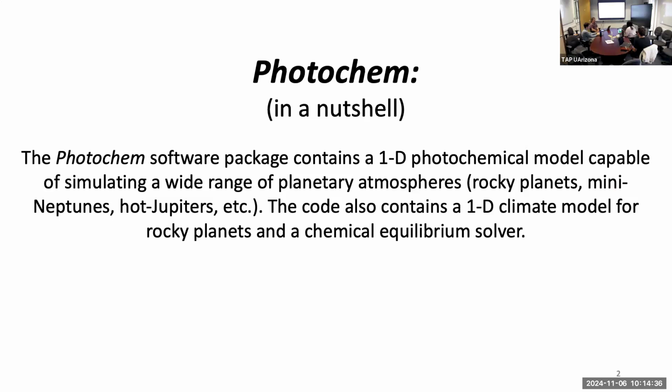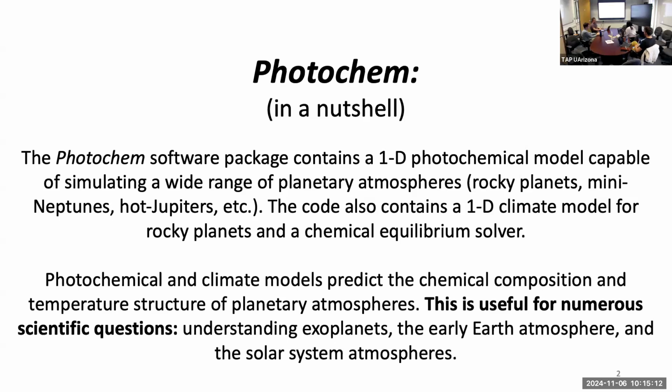In a nutshell, this software contains a one-dimensional photochemical model capable of simulating a wide range of planetary atmospheres: rocky planets, Neptunes, hot Jupiters, hopefully any planet with photochemistry. There's also a climate model in this software that is designed for rocky worlds. And then there's also a chemical equilibrium solver. The equilibrium solver is important for gas giants, getting initial conditions, stuff like that.